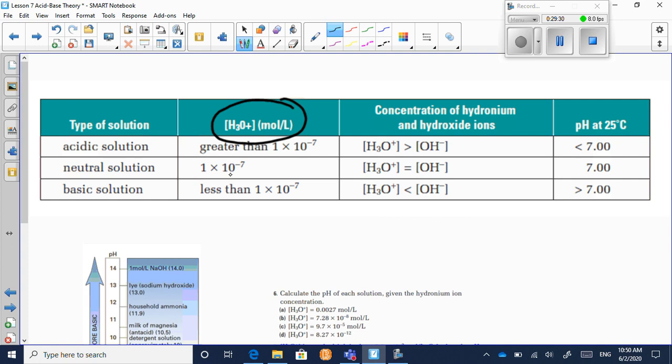A neutral solution has a concentration of hydronium of 1 times 10 to the negative 7, and interestingly, the same concentration of hydroxide. The two are equal, and so it has a pH of 7. A basic solution has less than 1 times 10 to the negative 7 of the hydronium, and it would have greater amounts of the hydroxide present, so its pH is greater than 7.